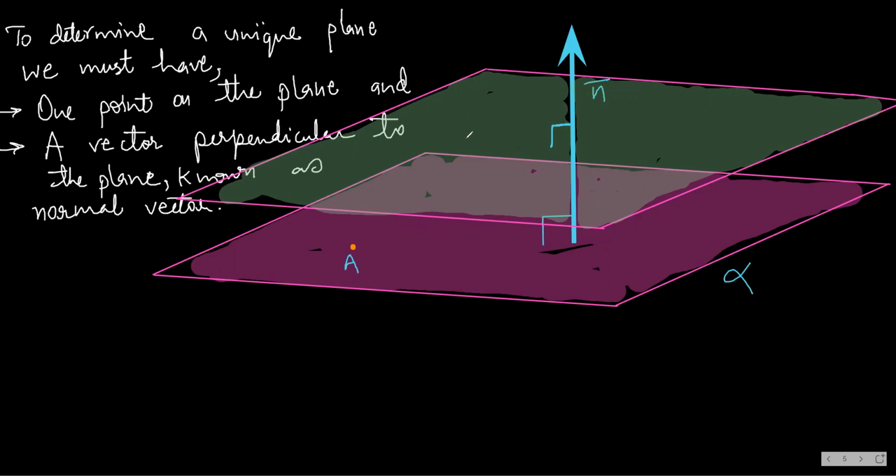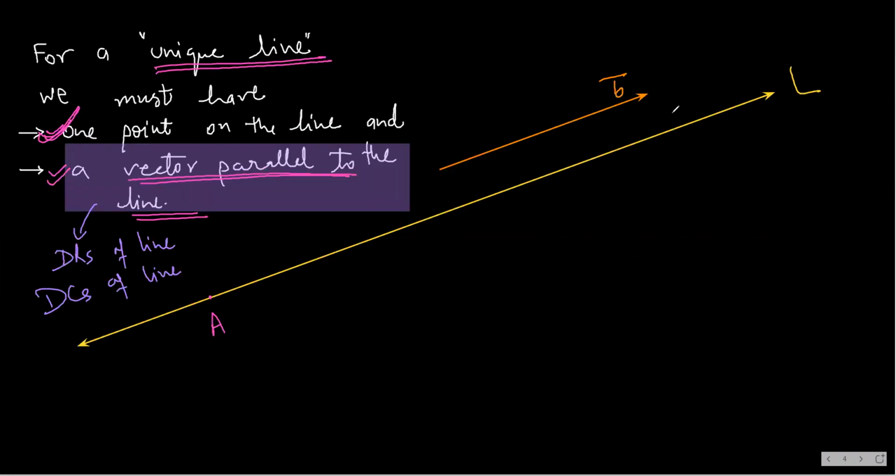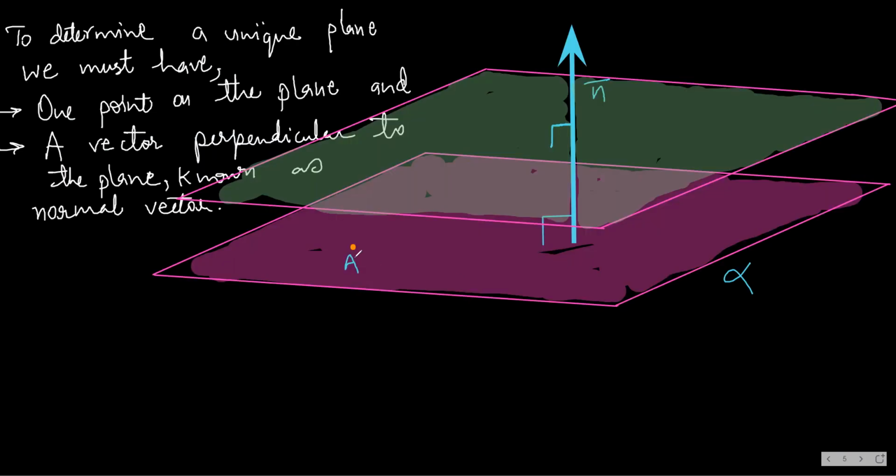You need one point on the plane and a vector perpendicular to the plane. For the line, what did you have? For the line you had one point on the line and a vector parallel to the line. But for a plane, you need one point on the plane and a vector perpendicular to the plane.